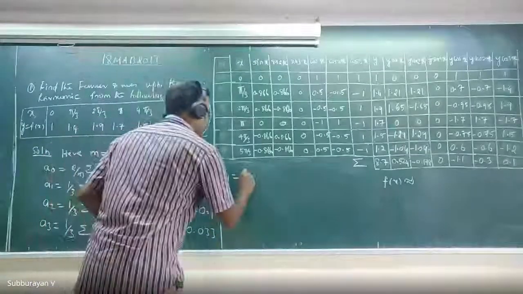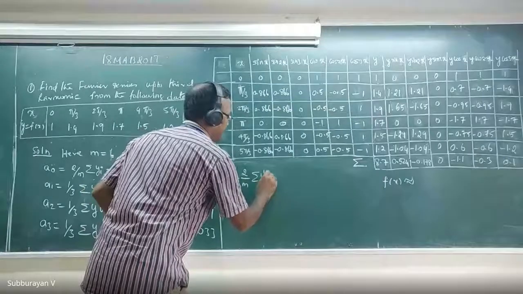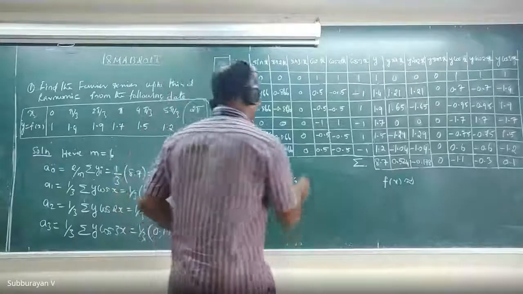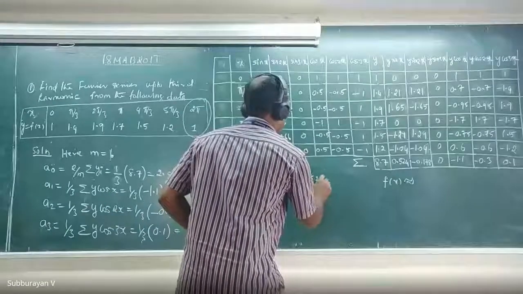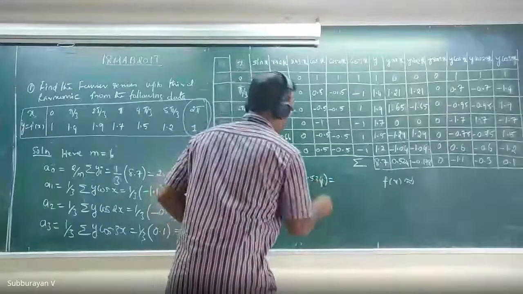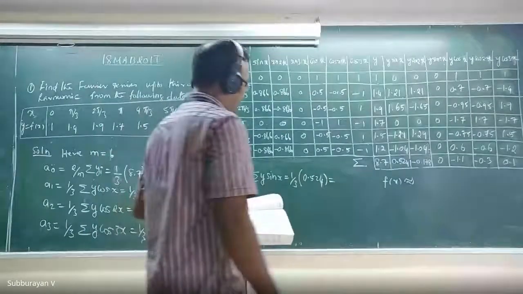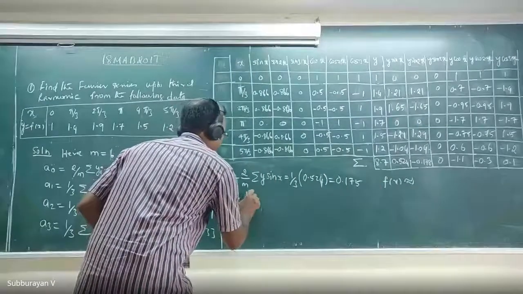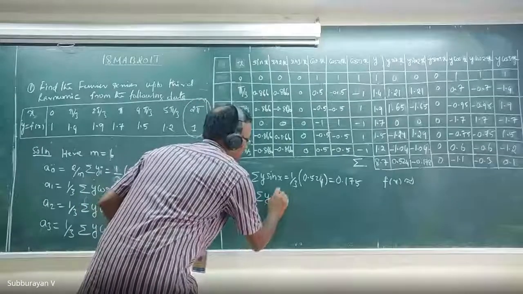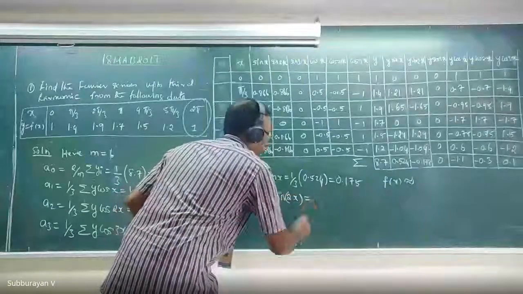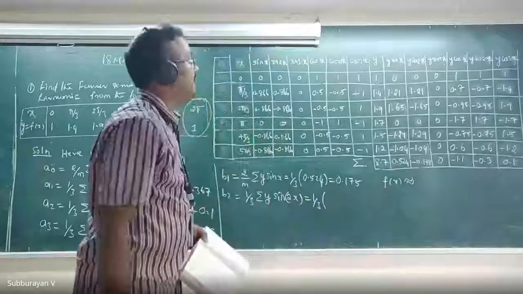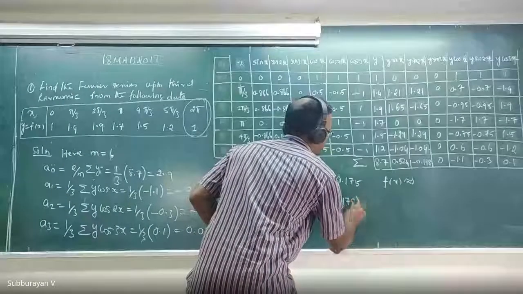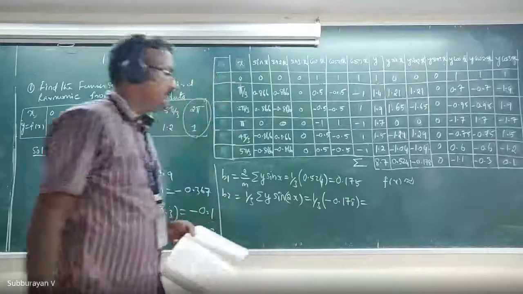Okay. Now come to b1. What is b1? This is 2 by m summation y sin x. That is 1 by 3 into summation y sin x, which is 0.524. Therefore, this gives 0.175. And b2 is 1 by 3 into summation y sin 2x, that is 1 by 3 into minus 0.178.